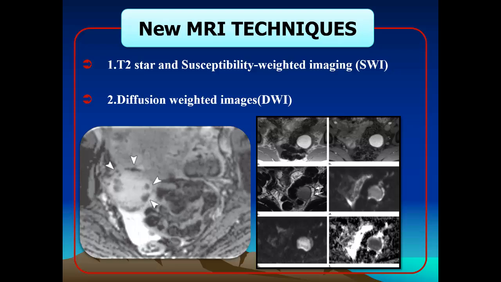So we'll find bright signal on T1, bright signal on T2, and not restricted on diffusion. So these are the two MRI techniques necessary to diagnose endometriosis.